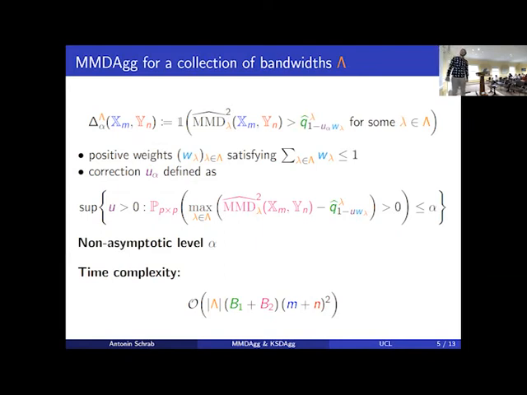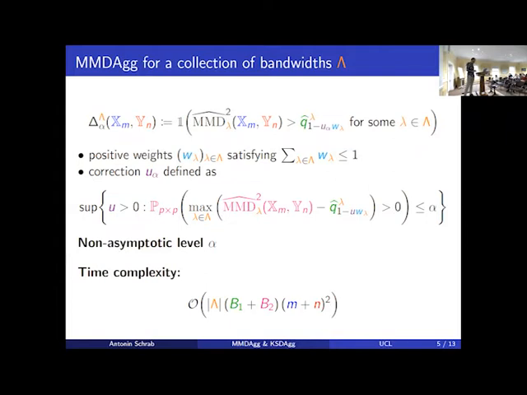And the probability under the null hypothesis, that's this term here, we also approximate using permuted test statistics like I presented in the slide before.